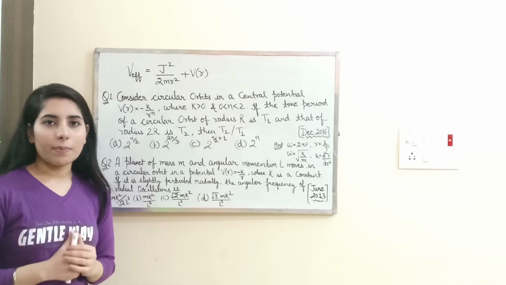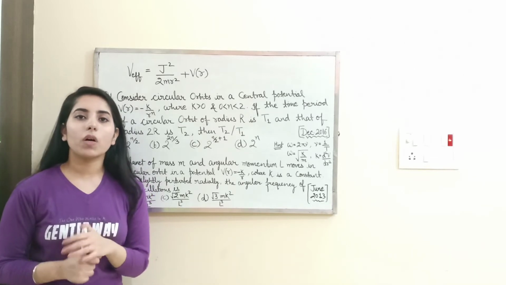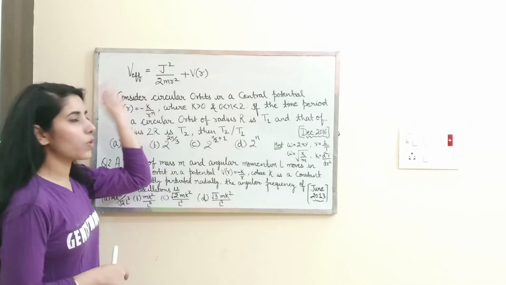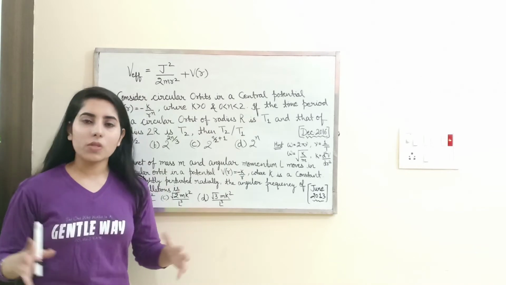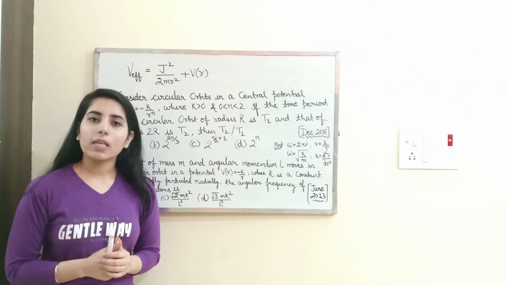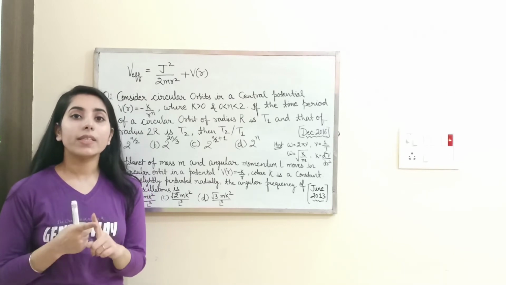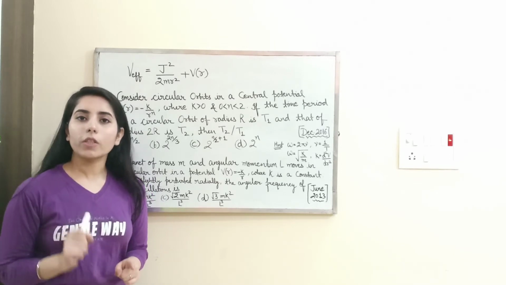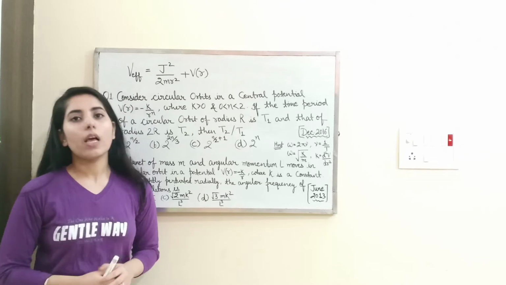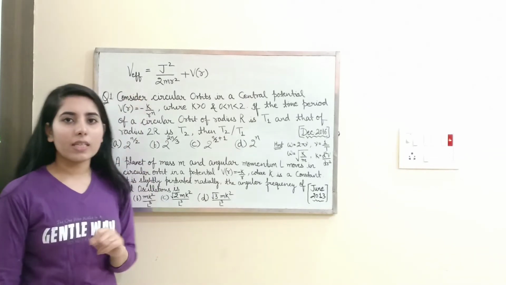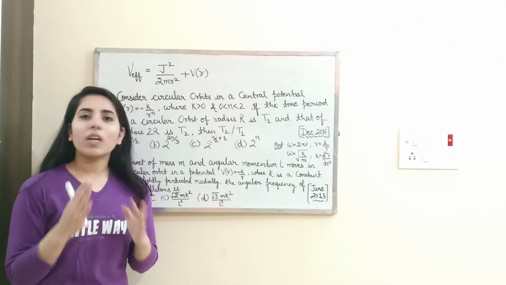Now the next thing: when do we need to use it, in what kind of questions, in what situation? If your question is related to circular orbit, you will not use the given potential expression. You will use the effective potential in that case to solve the question, whatever you need to find.